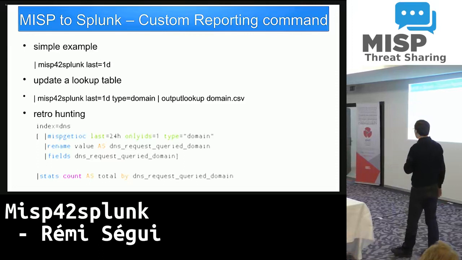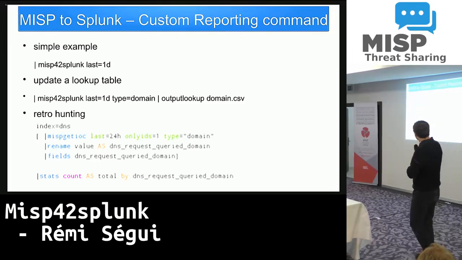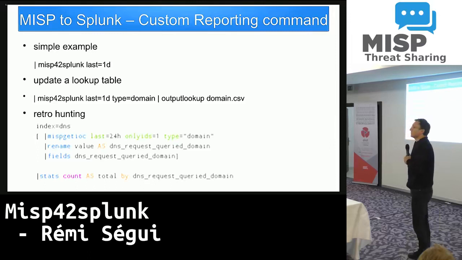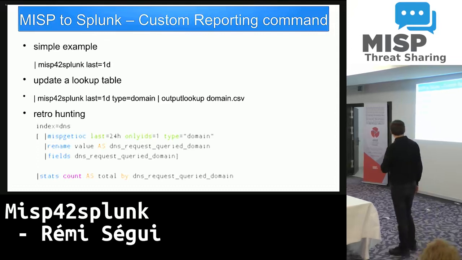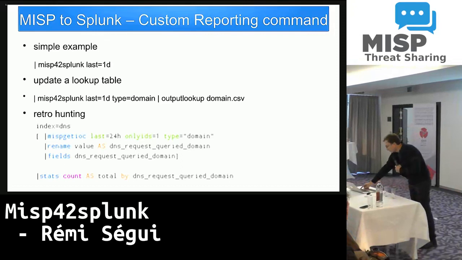The last one is also a typical use case we do: we collect the attributes for the last 24 hours, and we search in the last 3 months if we have any matches for those attributes. In this case, it's for DNS logs.